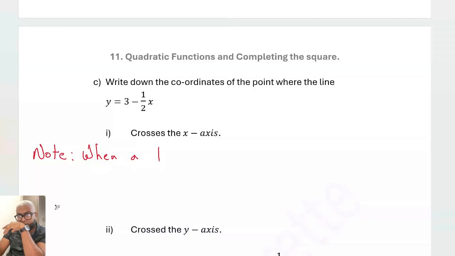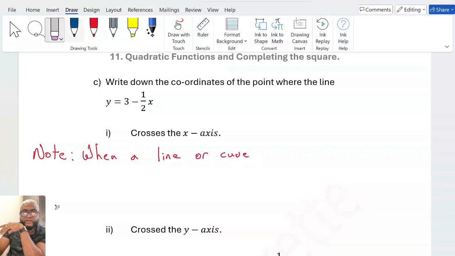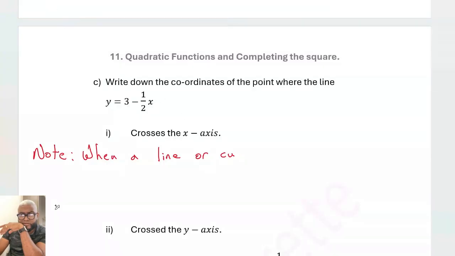No, watch it. When a line, or it could be a curve also, right?